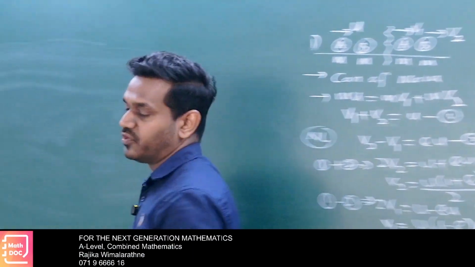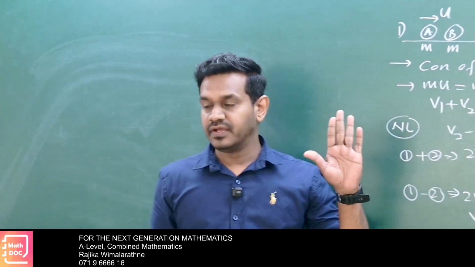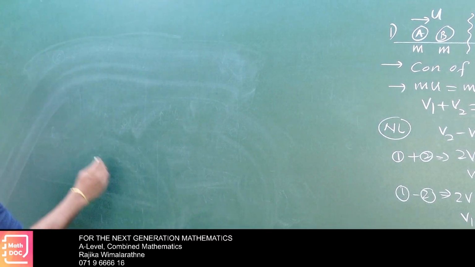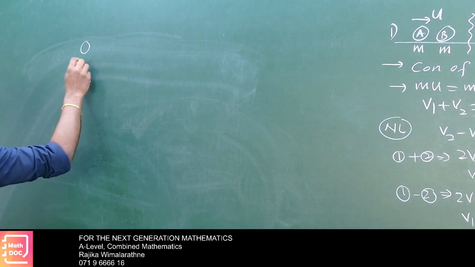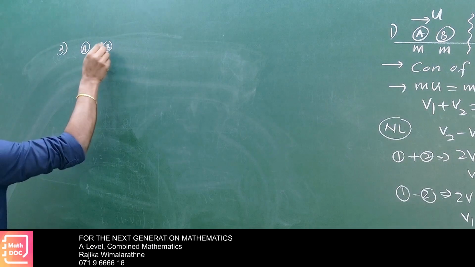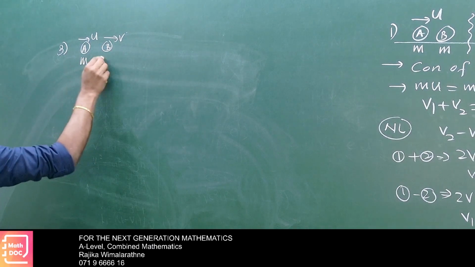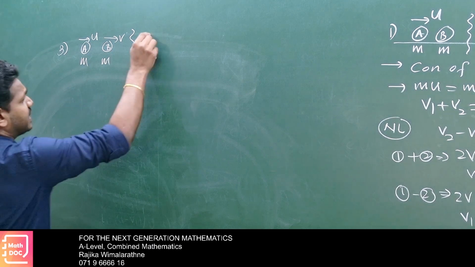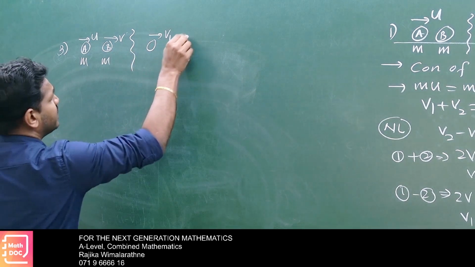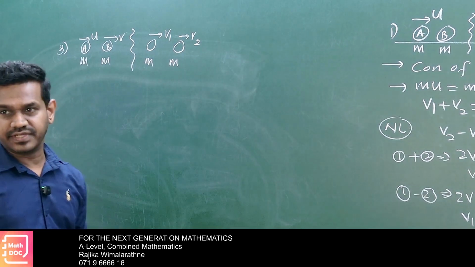Okay, let's do some more questions. Do it with me. Here, the third one: A, B, with velocities u, v, and masses m, m. After collision the velocities are v1, v2, with the same masses.